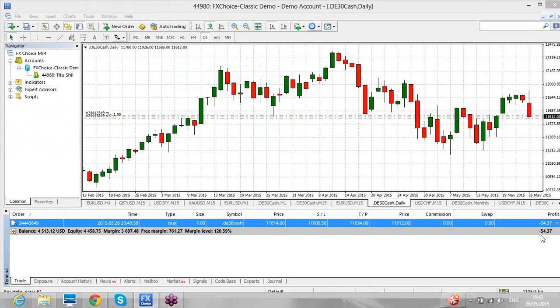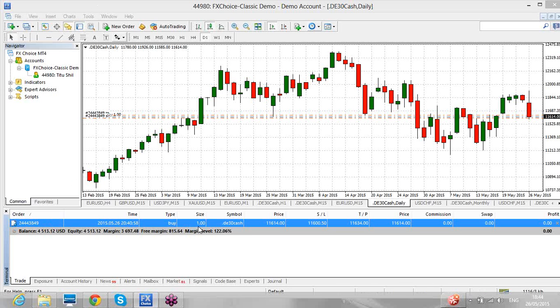Now, if you had entered that market looking to trade 250 per point and you've opened a live trade, and now you see you're down 54 euros all of a sudden. So just be aware of the amounts that you're looking to trade. When you have your trade opened, you can go down here and it has your dealing ticket, the time and the date, and what you did. So you bought the DAX.